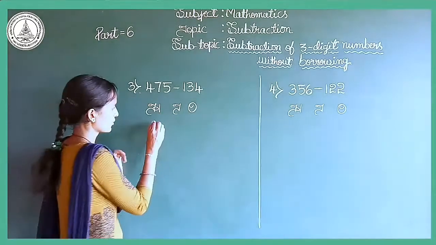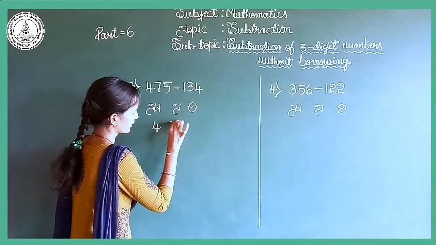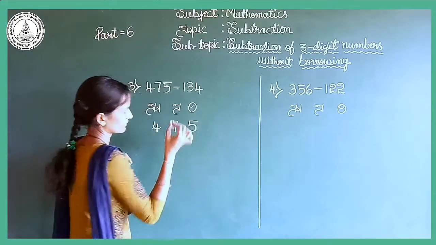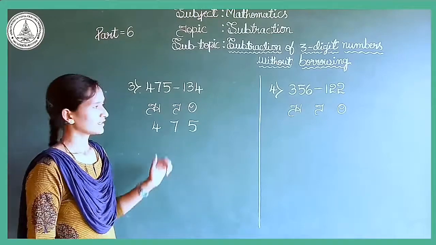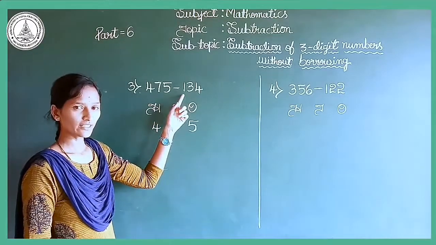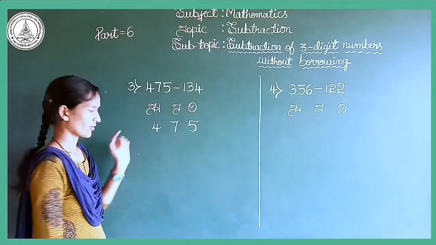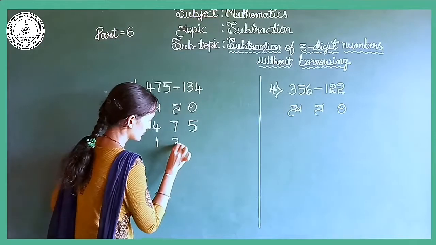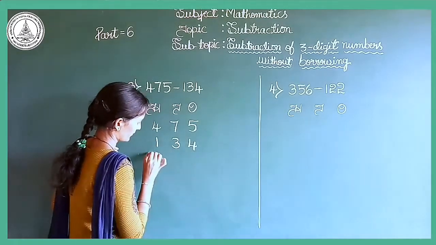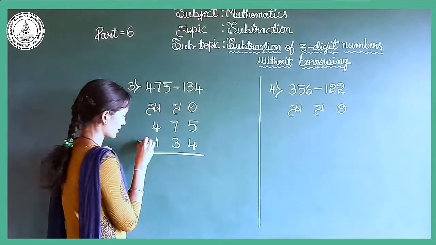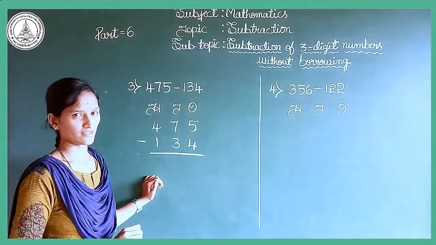So first one, 475. Right? The next one, the small one, that is 134. So place the subtraction symbol, that is minus.